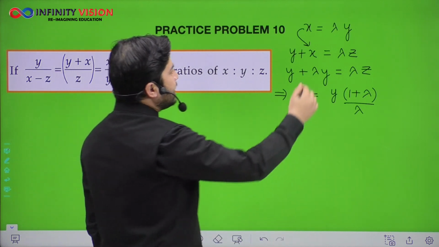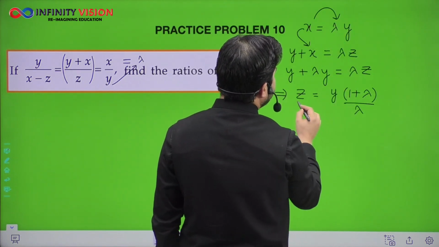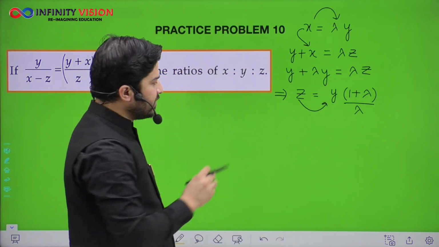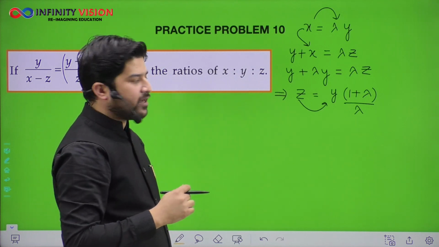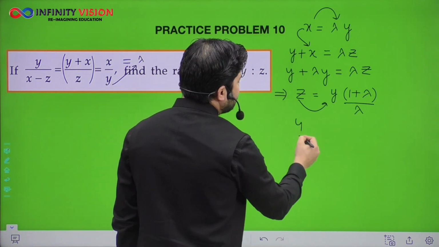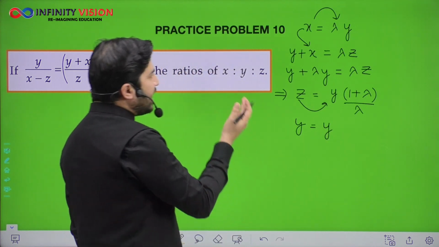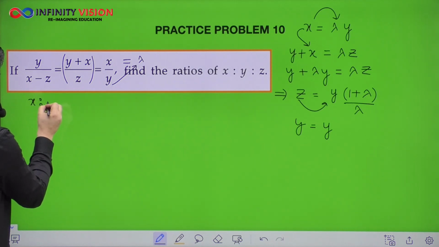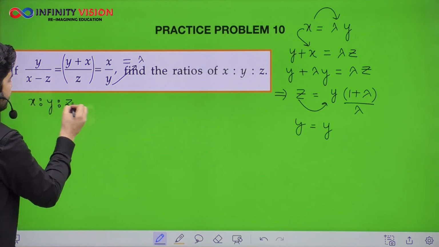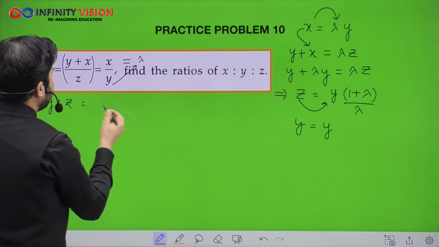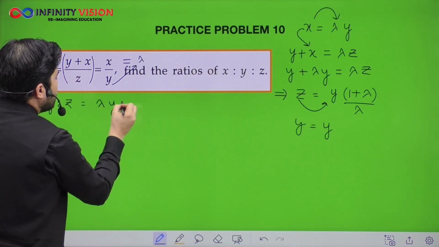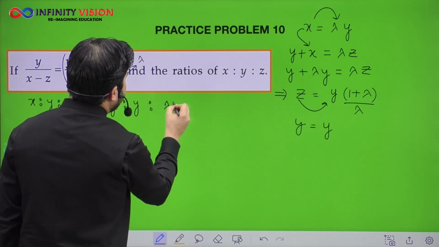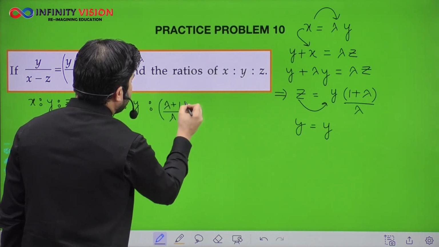So I have written x in terms of y, and I have written z in terms of y. So if x is lambda y and z is y into 1 plus lambda upon lambda, y is nothing but y. And now when I have to find the ratio x is to y is to z, it would be equivalent to lambda y is to y is to lambda plus 1 by lambda into y.